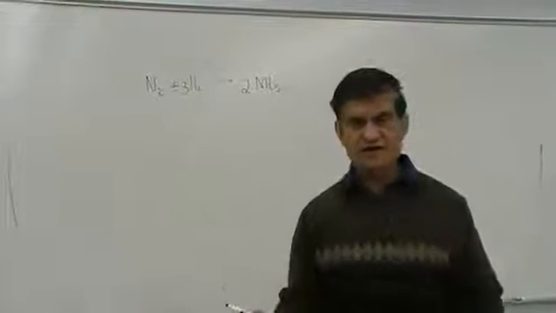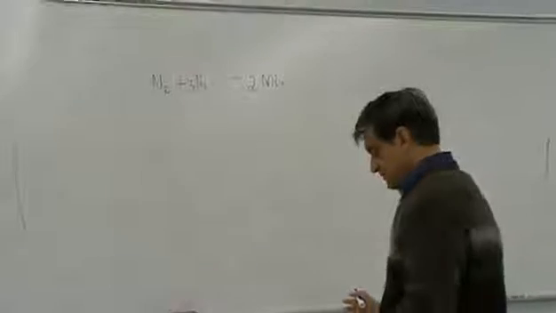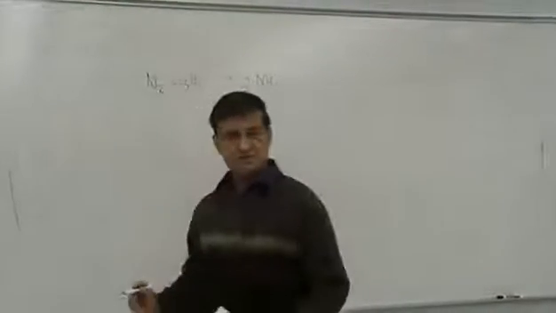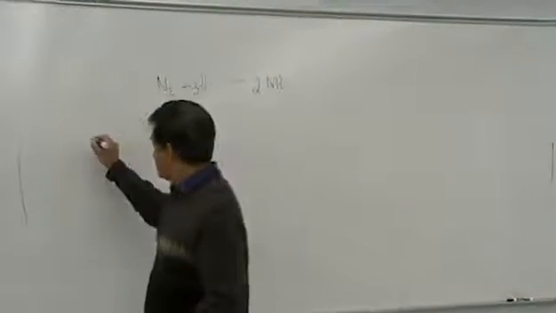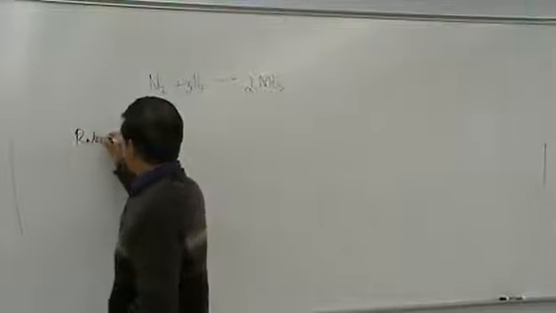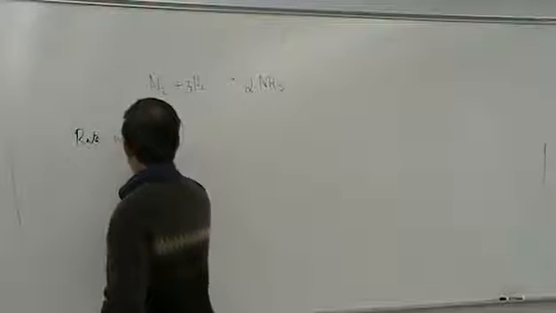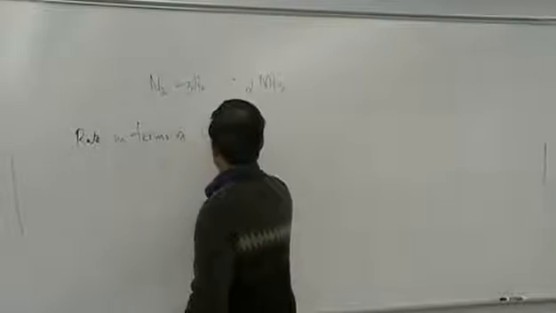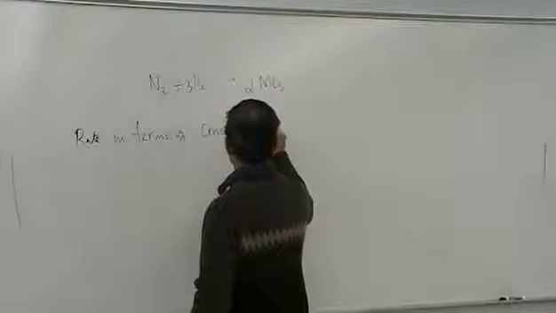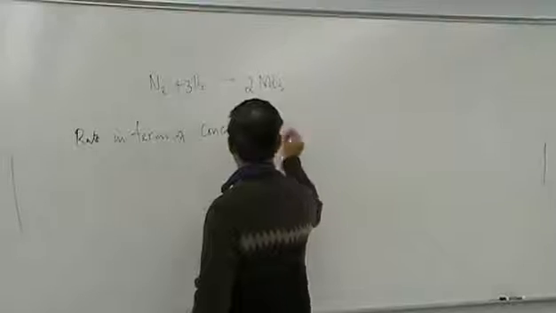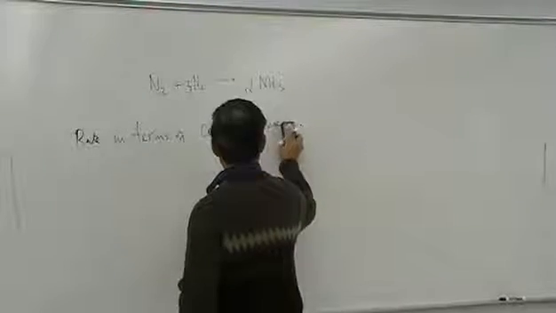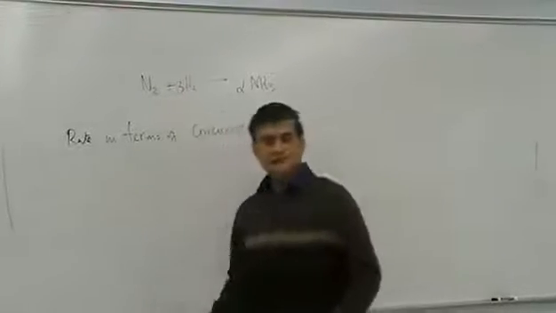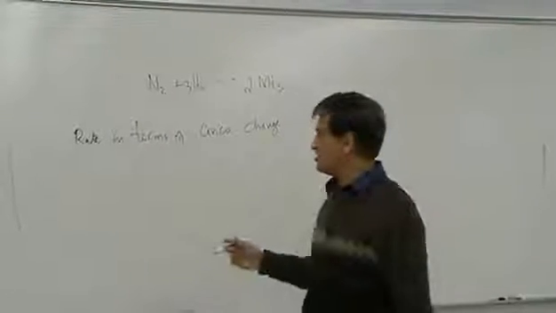Now if this is the reaction we're going to study, rate can be expressed in 2 ways. Rate in terms of concentration change. The rate in terms of concentration change means how rapidly concentrations are changing.